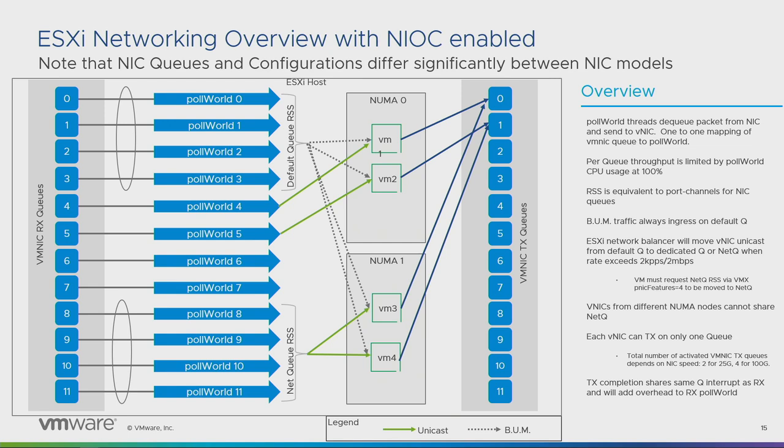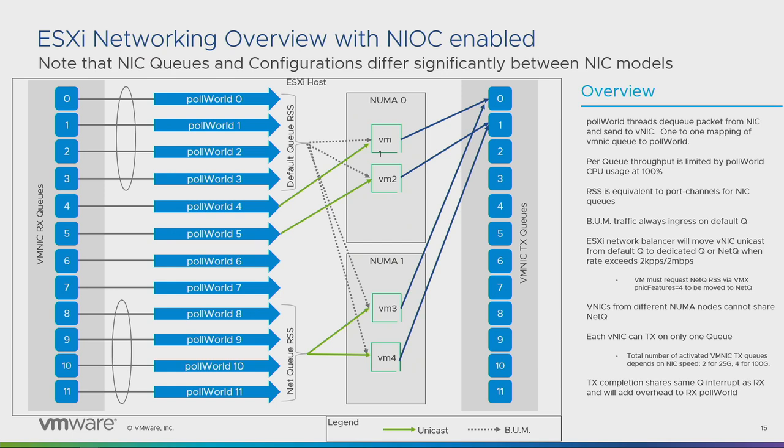If your VM is configured to request netqueue RSS, which is a configuration that's not enabled by default, but if your VM is enabled for it, the ESX load balancer will move it to a netqueue RSS engine. That means your VM will continue to get RSS support. Otherwise, it will move it to a single queue, like VM 1 and 2 in this case.